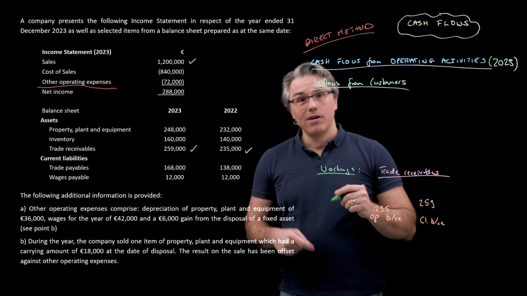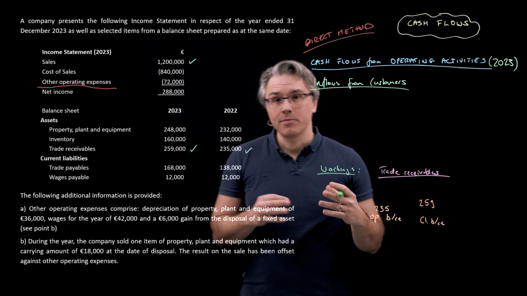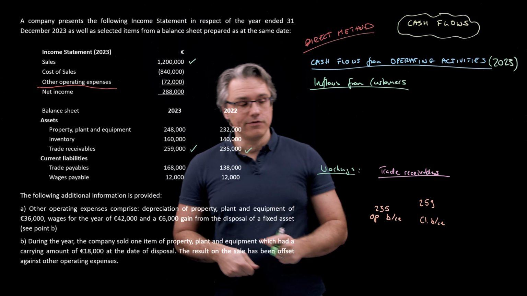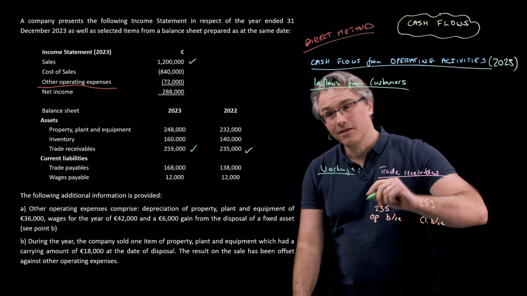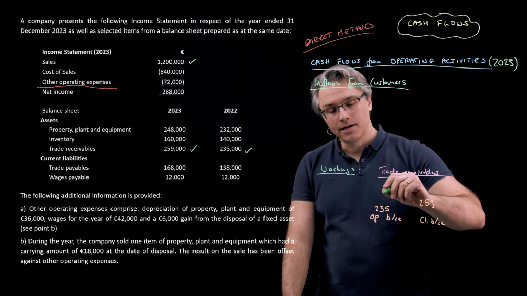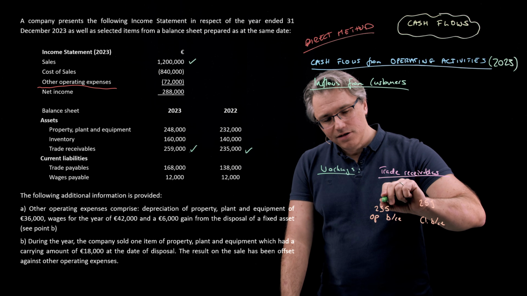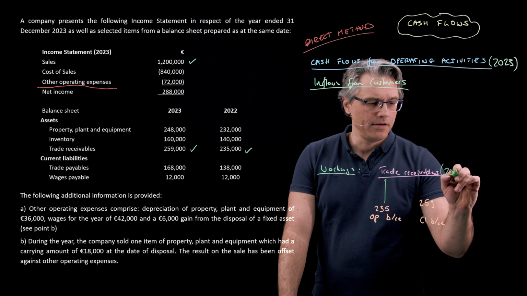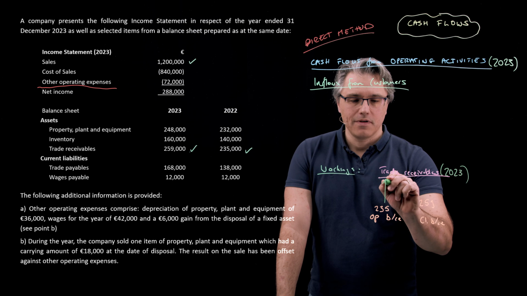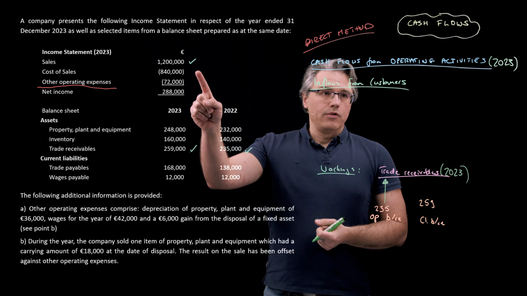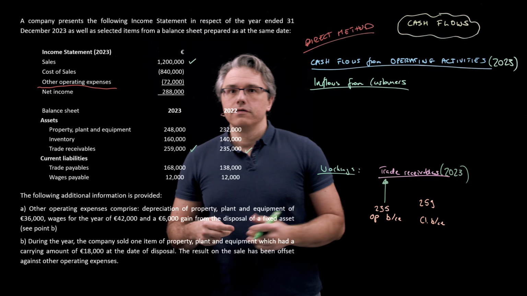First of all, I'm going to assume that whenever we make a sale to clients, we issue an invoice, and if you issue an invoice, it gets recorded as a trade receivable, at least temporarily, until it is paid off. So trade receivables during the year 2023 went up as a result of issuing fresh invoices, which are a side effect of conducting sales.